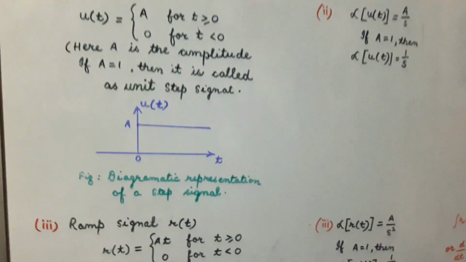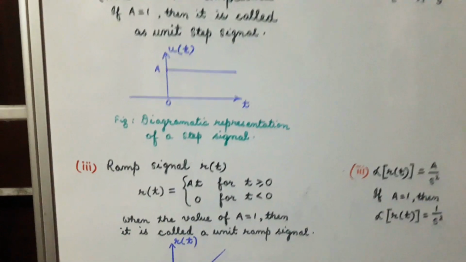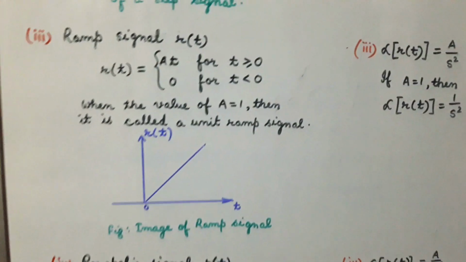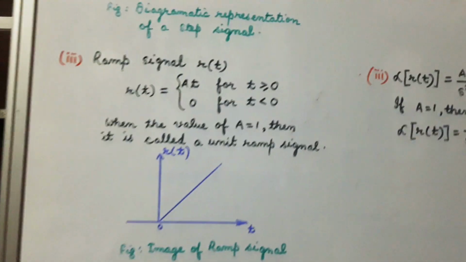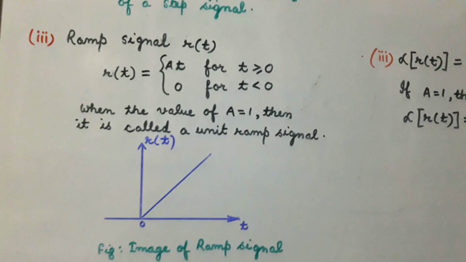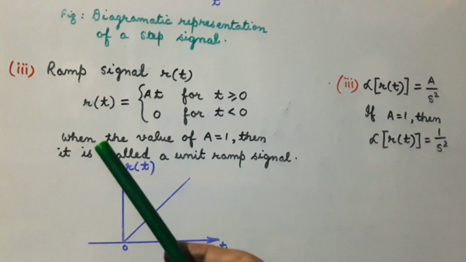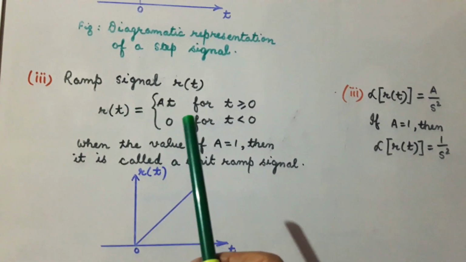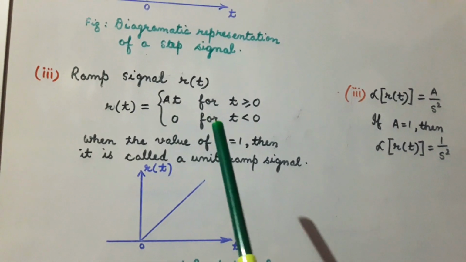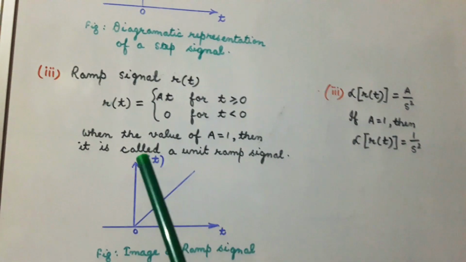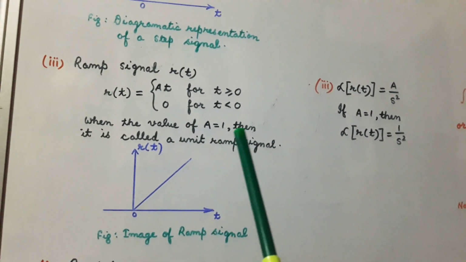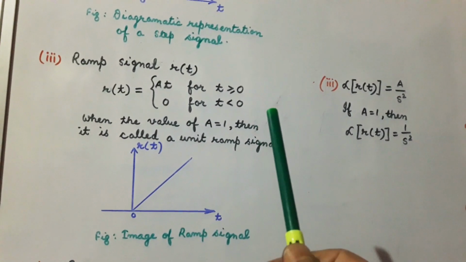The third type of signal is the ramp signal, which is denoted by the symbol r of t. Now r of t will be equal to a t, when t is greater than equal to 0 and it will be equal to 0 for t less than 0.